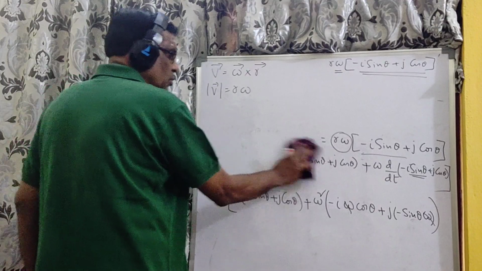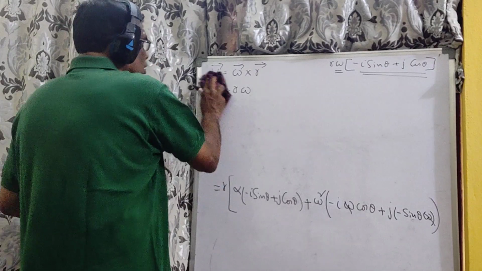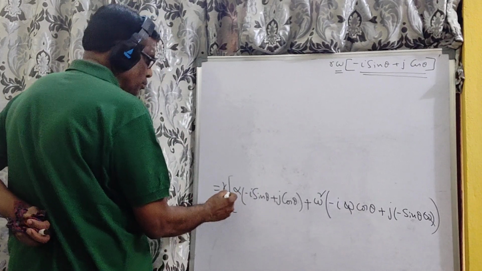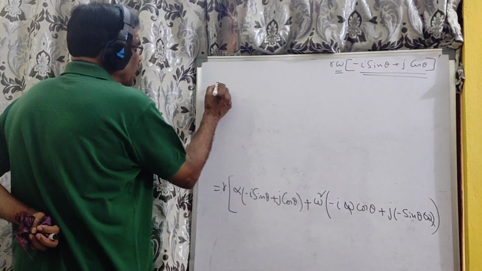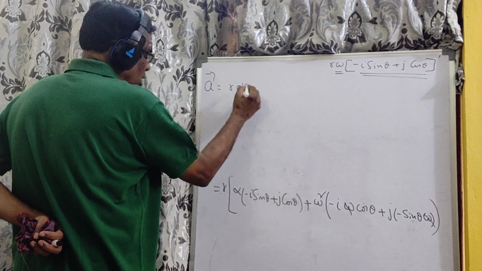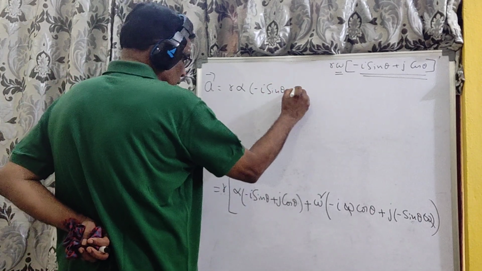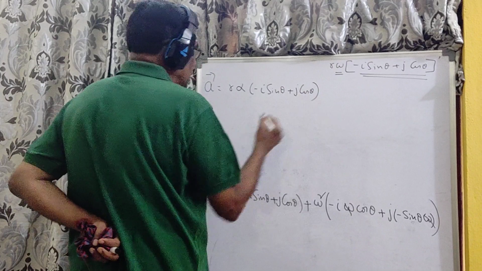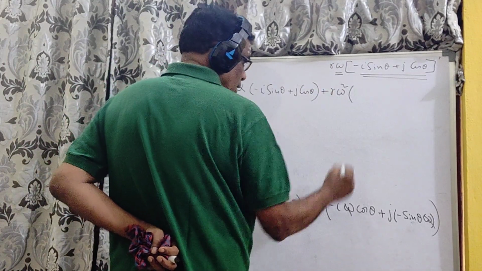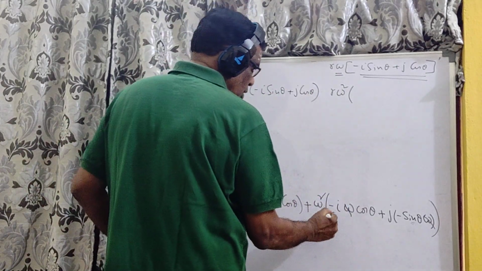We will try to rewrite this in a form that is useful to us. And this part, of course, we have already done here. Now, you can very clearly see, if I take R inside, I'll take it as R alpha into minus I sin theta plus j cos theta, and R omega square. There is a negative sign common, isn't it? Here also.